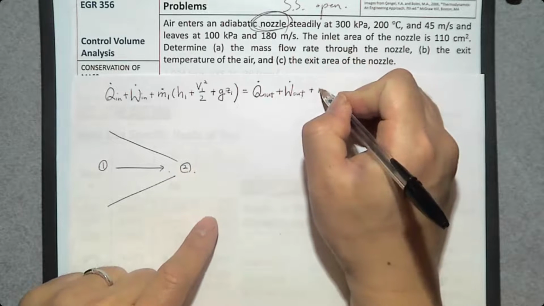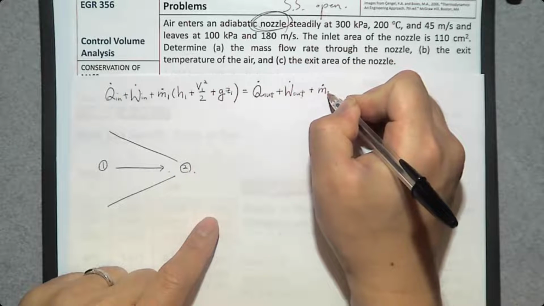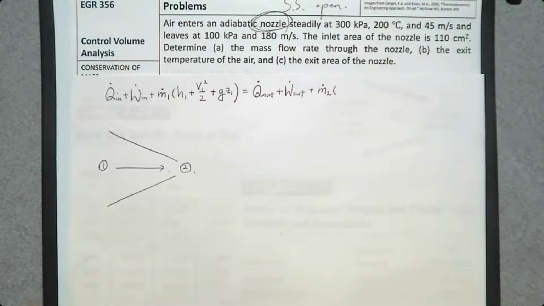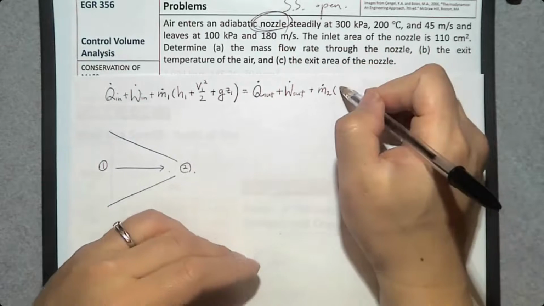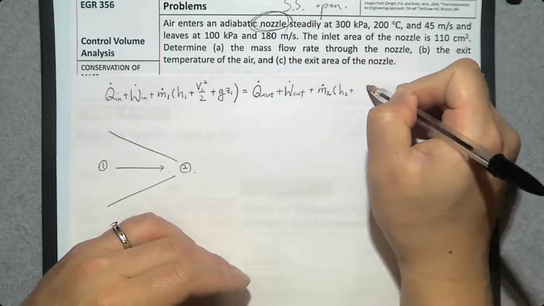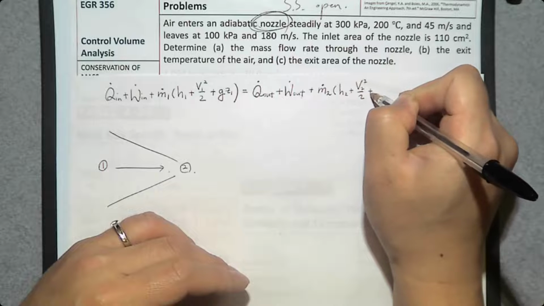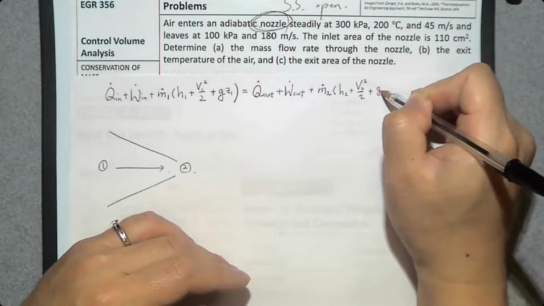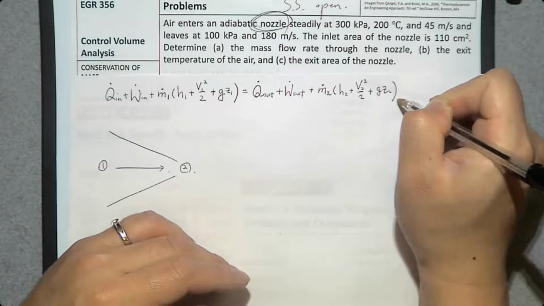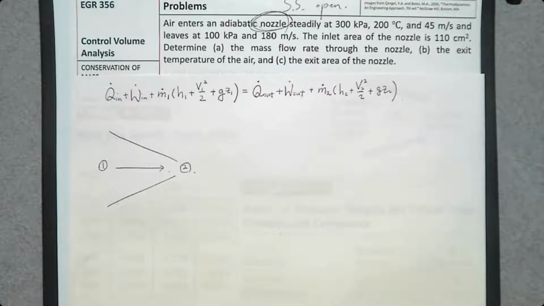So we have the mass flow rate at the exit, M dot 2, and this mass has specific enthalpy h2, specific kinetic energy, velocity squared over 2, and potential energy, gravity times elevation z2. So this is the general energy balance equation per unit time whenever we have a steady state open system.